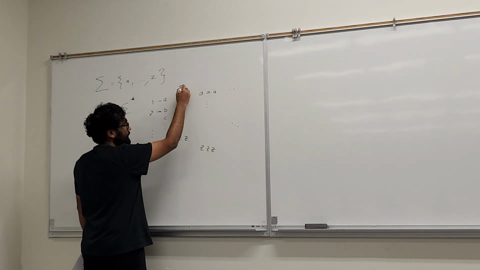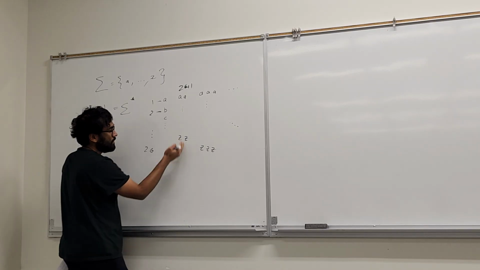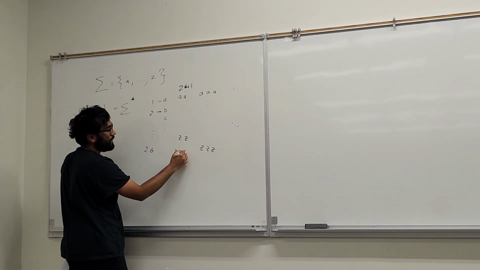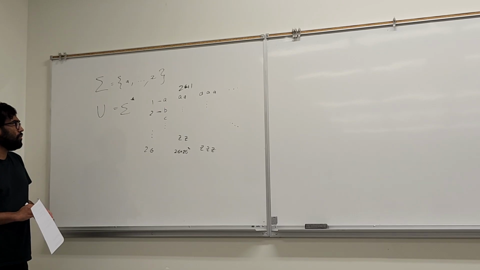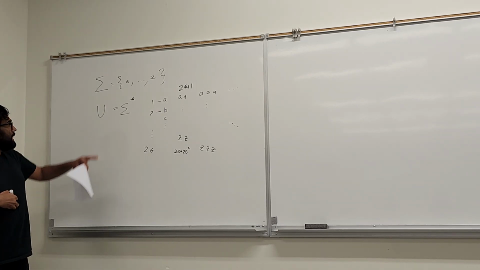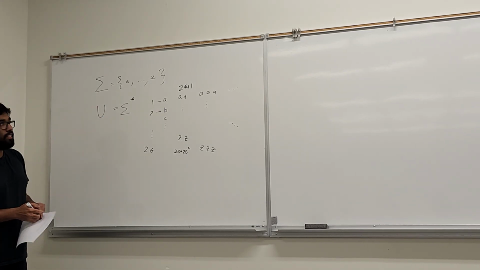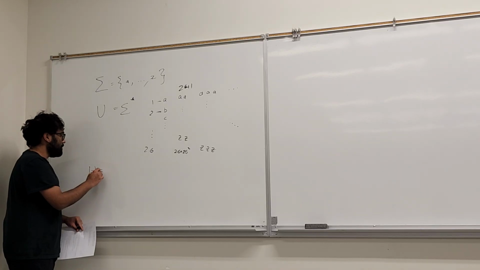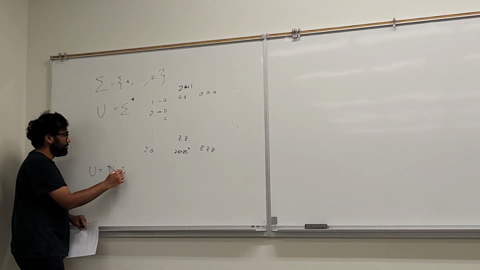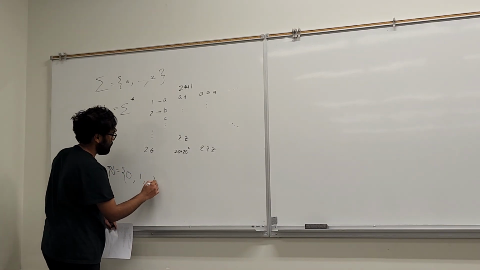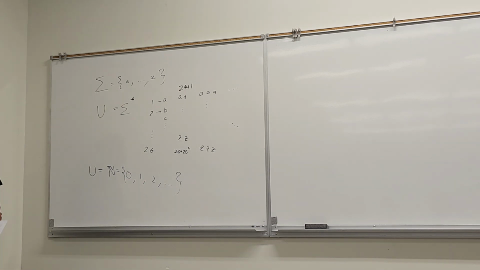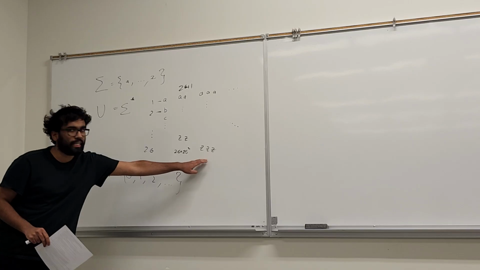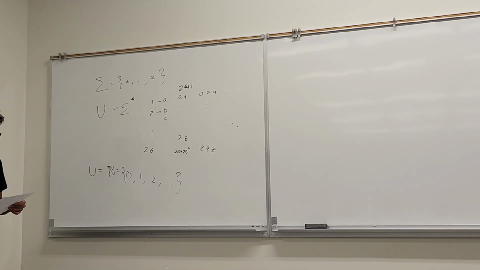This can be 26 plus 1. Here it can be 26 plus 26 squared, and so on. You get the idea. Now what this allows us to do is get rid of all this, and I just say U is equal to natural numbers. So I can work with this now. That's nice because I don't have to talk about these complicated strings. I can just work with natural numbers.